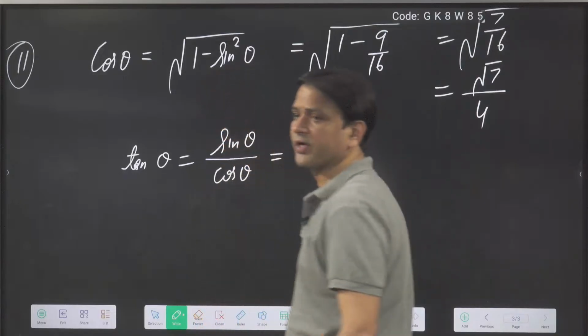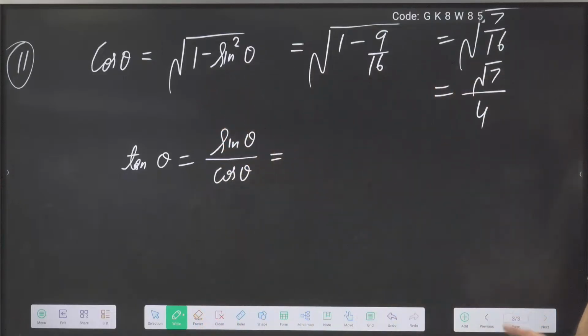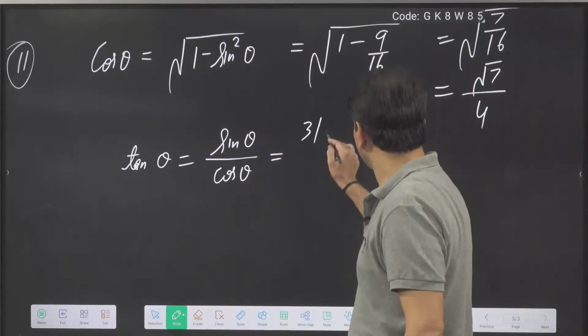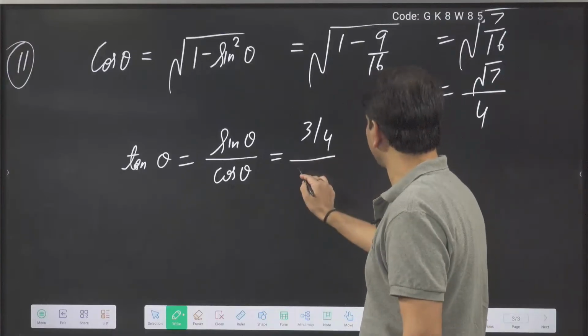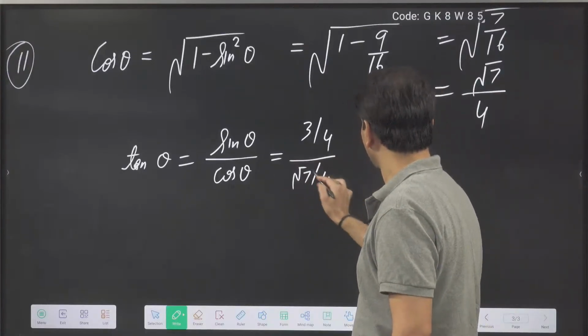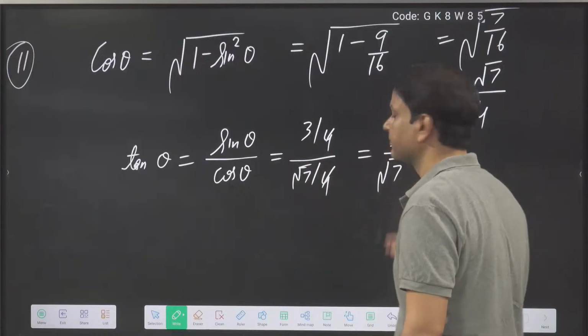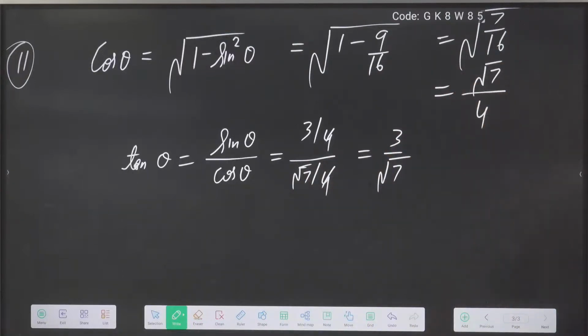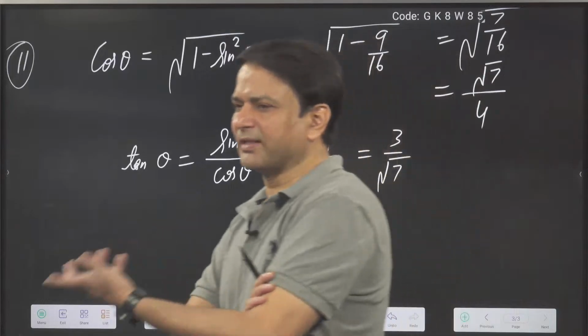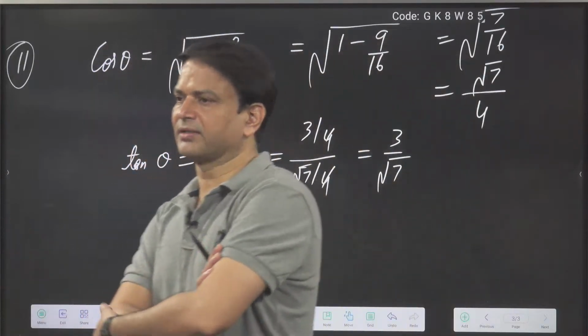Sine theta I have given as 3 by 4 and cos theta is root 7 by 4. Now 4 cancels out, then we get 3 by root 7. So I think this method is much better than the first one.